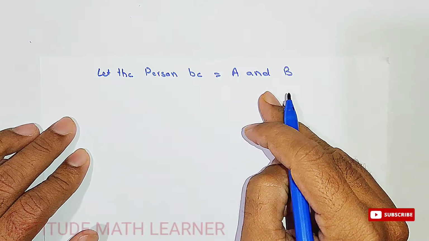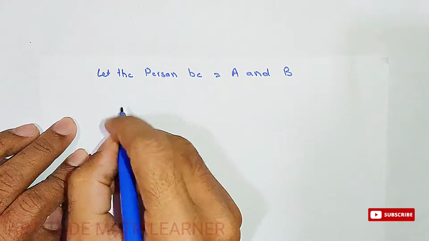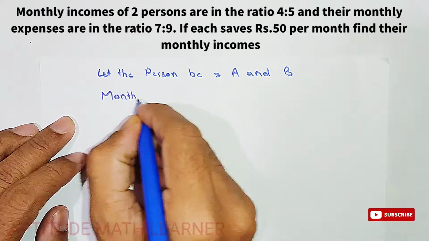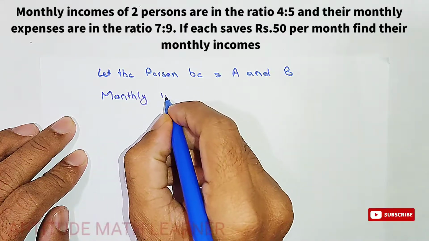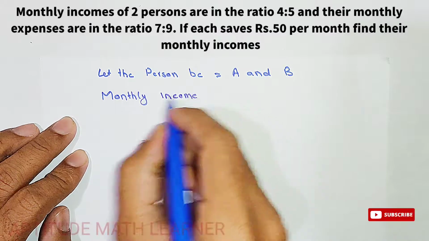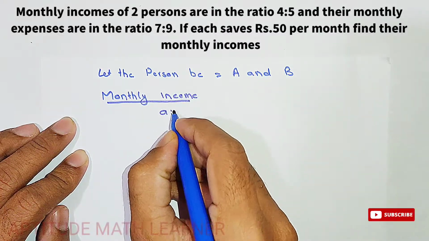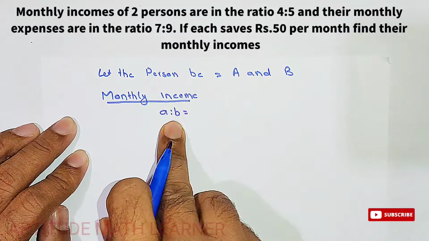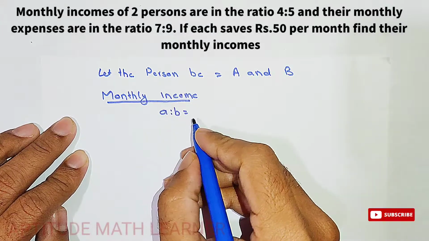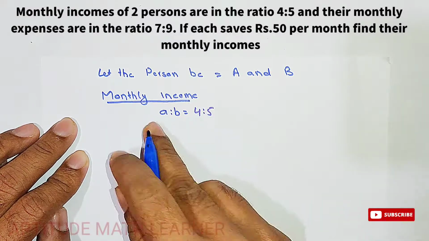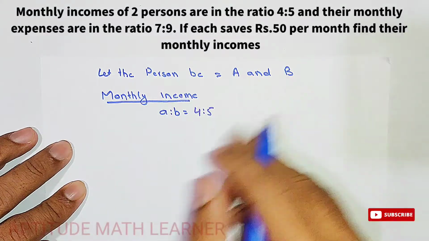Here their monthly incomes are in the ratio, that is monthly income of A and B, so that is A ratio B, and that is equal to 4:5. So these are the incomes of both.